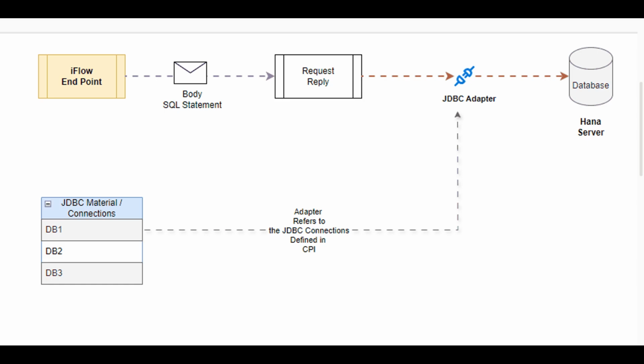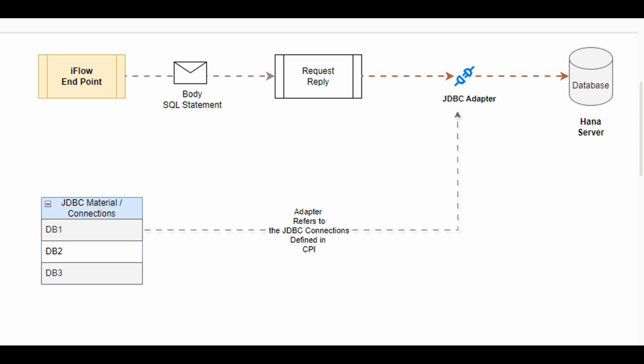Calling a stored procedure directly from an iFlow offers a major advantage. It allows you to centralize common business logic at a database level while keeping your integration flow lean and efficient.